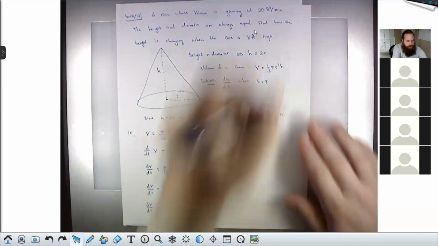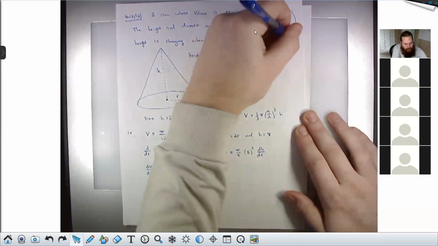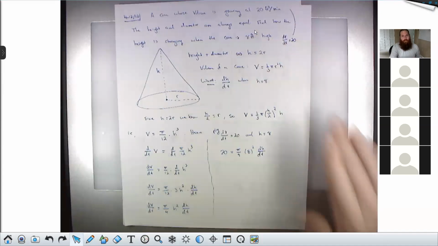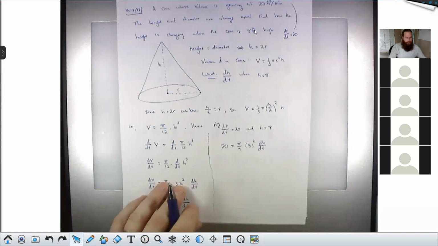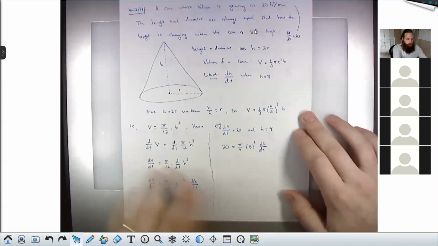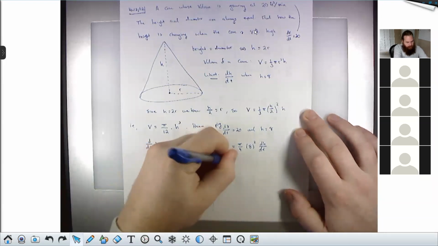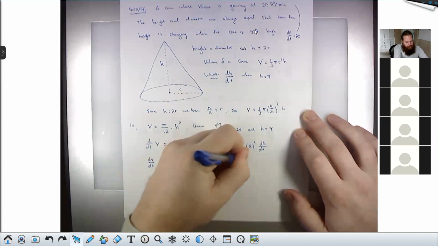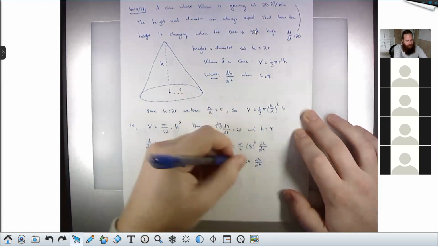So it's this piece that tells me dV/dt is 20. So from here, it's straightforward, right? I just want to solve for dh/dt. So this is the same as 20 equals pi over 4 times 64 dh/dt.